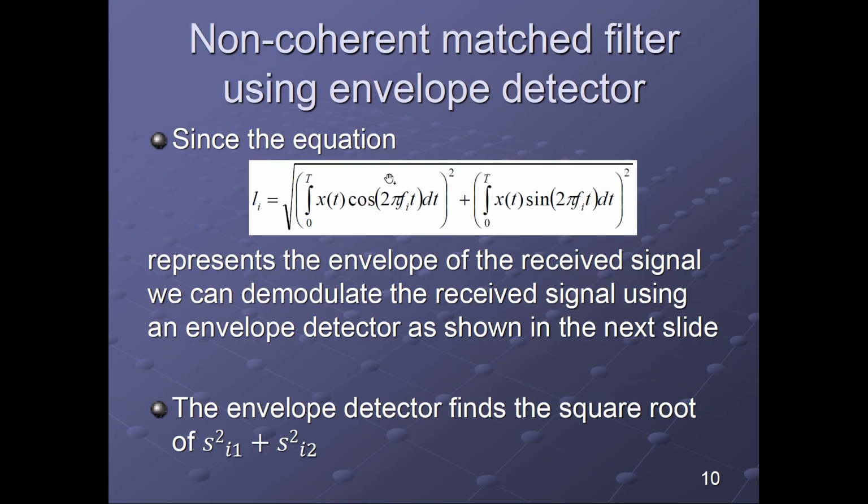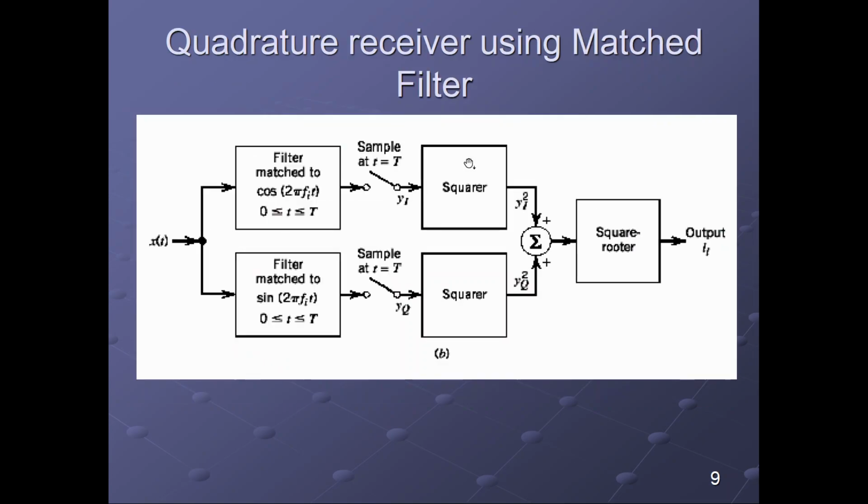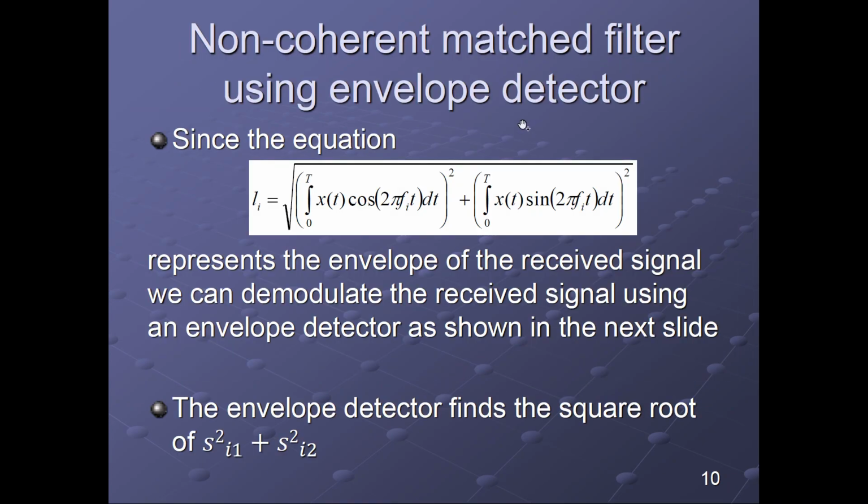Now, non-coherent matched filter using envelope detector. We said we have 3 ways: using correlators, using matched filter, and using envelope detector. How to do that? Envelope means the amplitude of the signal. You have this equation, we agree on it. This equation represents the envelope, because it looks like the amplitude: the square root of the first part. When I give you a complex value in Cartesian coordinates, give me an example of a complex number: 5 plus j7, yes?